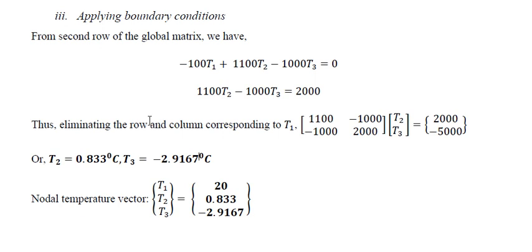T2 should be less than T1; we have got 0.833, less than 20. T3 should be less than T2; we have got minus 2.91. This should be greater than T infinity, which is minus 5 degrees centigrade. Finally, we mention the temperature vector as 20 degrees, 0.833 degrees, minus 2.9167 degrees centigrade. That is the unit you have to mention.